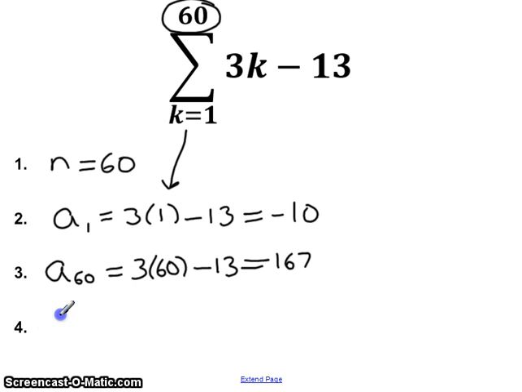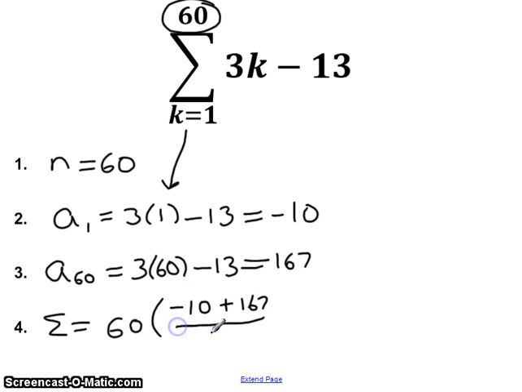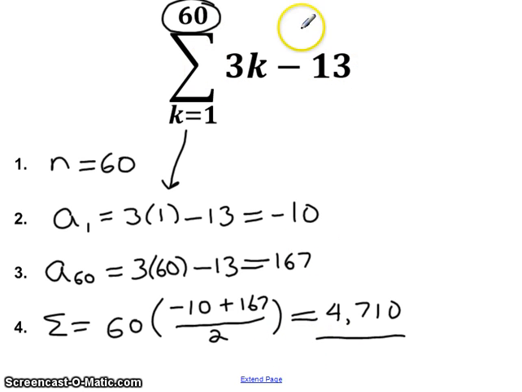And then finally we get our sum, which is going to be 60 times negative 10 plus 167, all divided by 2. 167 minus 10 is 157. If we divide that by 2 and multiply by 60, put that in your calculator, you get 4,710 for your answer.